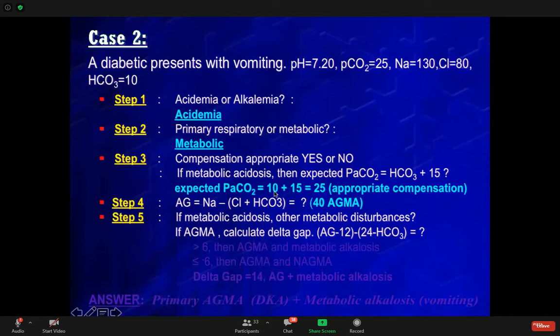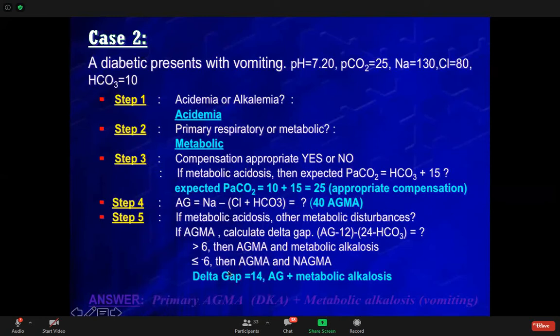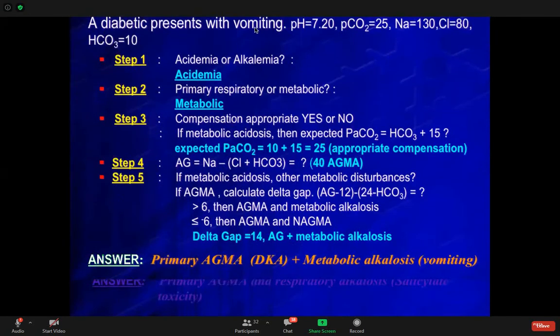So delta gap calculation is you measure the anion gap اللي هو 40 ناقص 12 ناقص مجموع ال 24، يعني 14، يعني تقريبا it's gonna be around 14. معناها ايش؟ معناها ان عندي اول ديزيز اللي هو metabolic acidosis مع برضه metabolic alkalosis. Metabolic alkalosis مثل vomiting. Exactly. عافاك الله، يعطيك العافية.